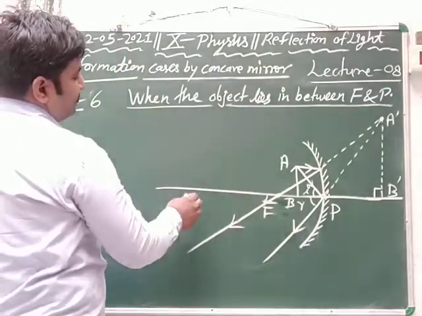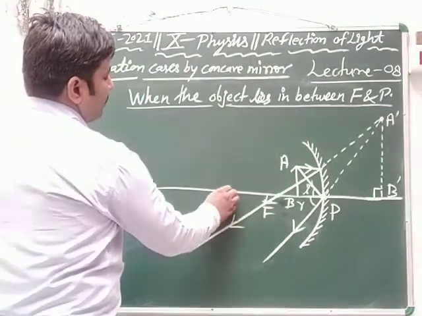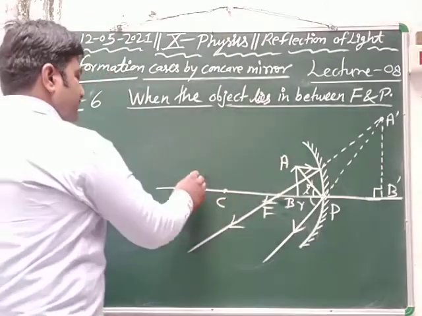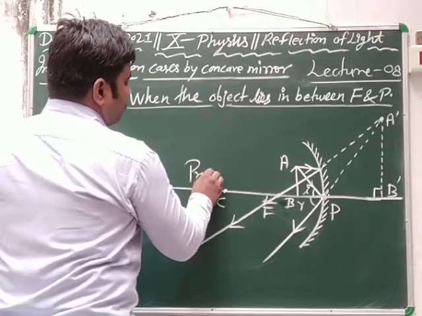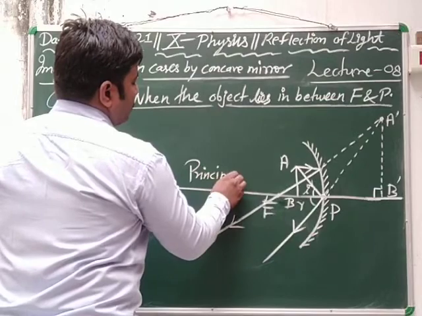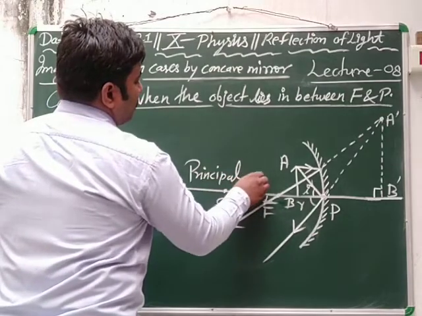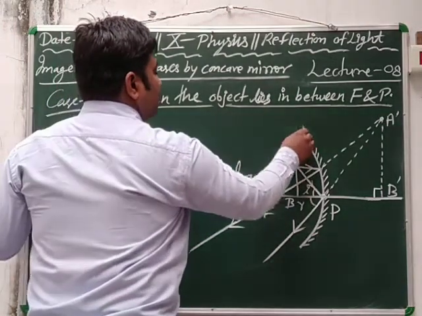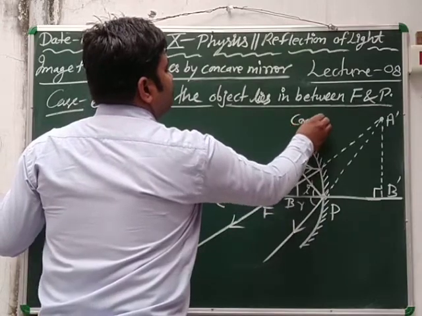So let's see, this is the principal axis, this one is the concave mirror.